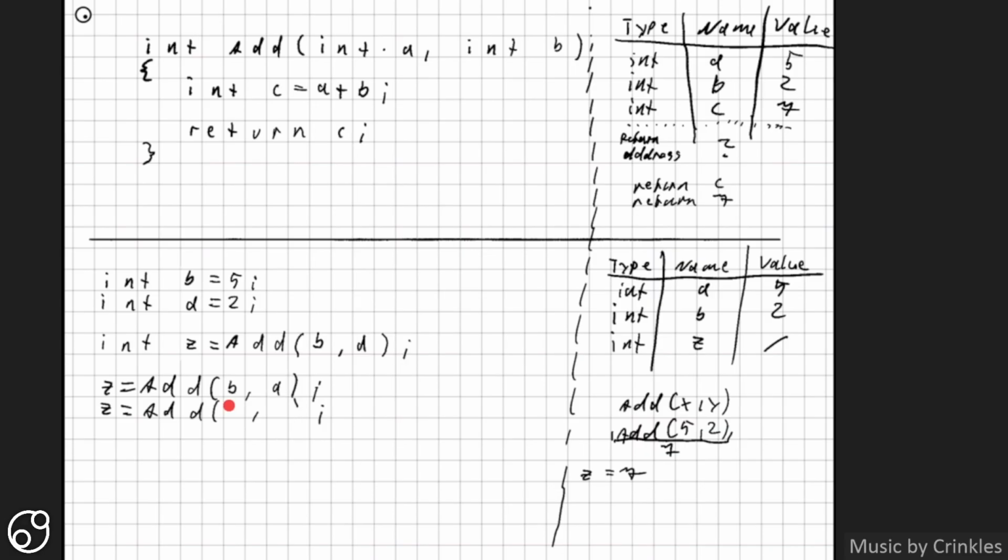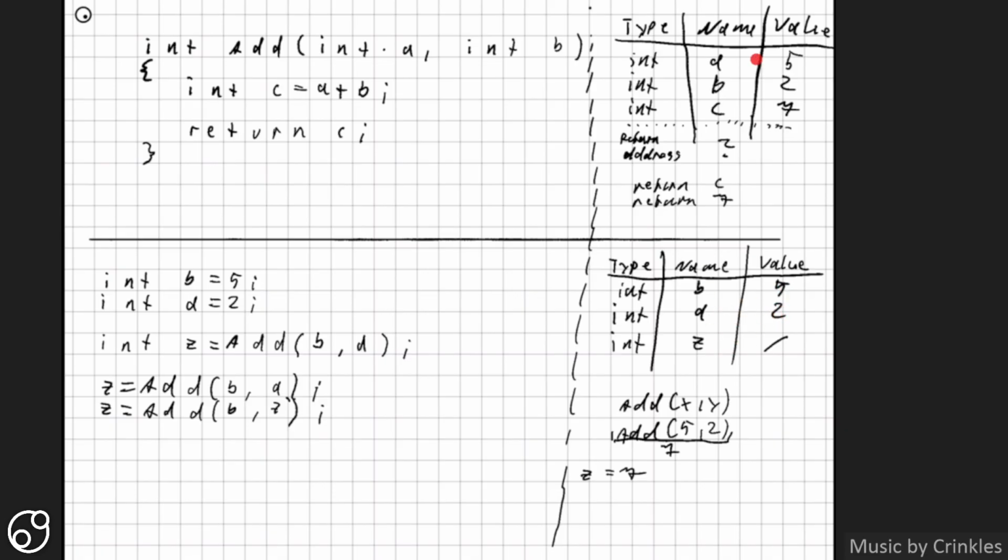B, A, B. Let's use Z this time. Like that. And that still works. Like this time. B, A. In this part of the code, or our memory, like our original code, the one we started with, B is 5 and A is 2.